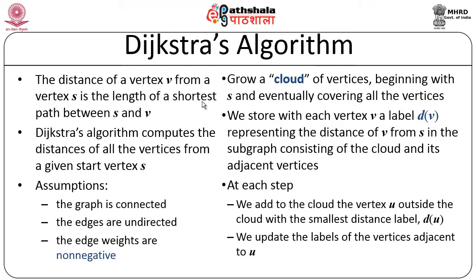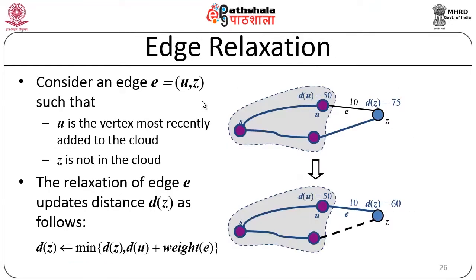We store with each vertex a label d of V, remember the estimate, representing the distance of V from S in the subgraph consisting of the cloud and its adjacent vertices. At each step, we add to the cloud the vertex U outside the cloud with the smallest distance label. We update the labels of the vertices adjacent to the U that you have now added to the cloud. So, this is edge relaxation.